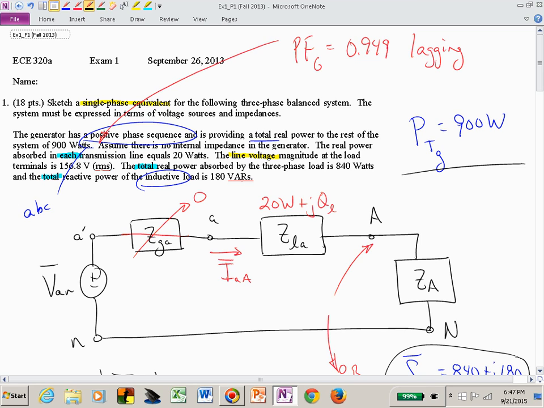And now you're setting those equal to find the amount absorbed by the transmission line.